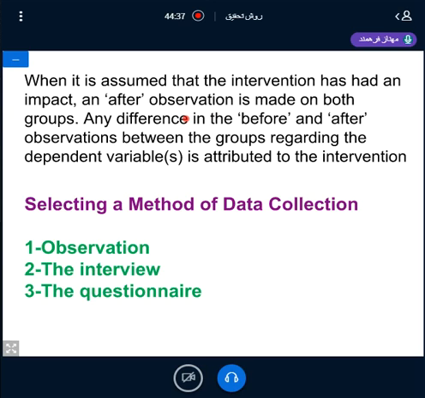The next title is selecting a method for data collection. We have three ways of selecting data: observation, the interview, and the questionnaire.